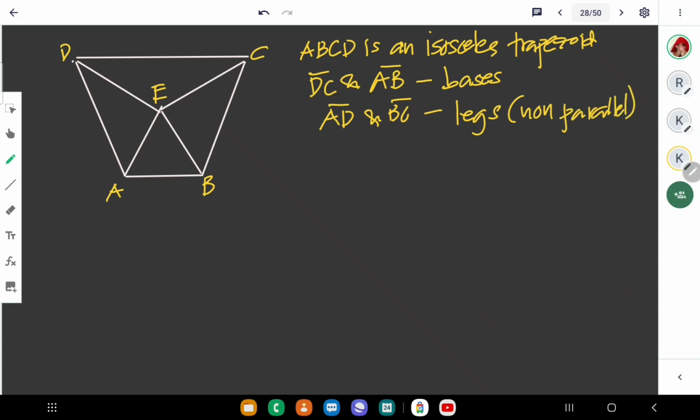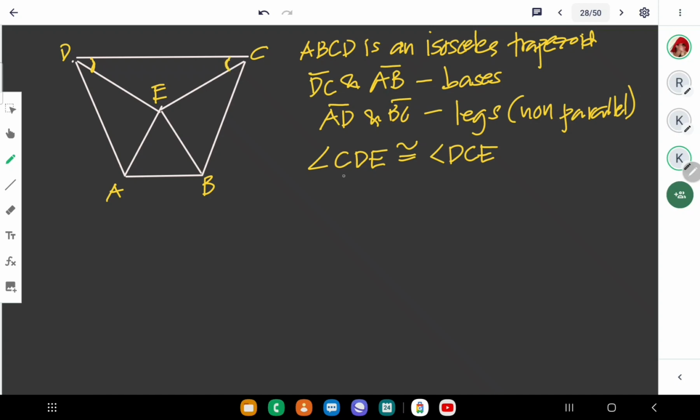Segments AE, BC, okay. ABCD, such that angle CDE is congruent to angle DCE. Where is CDE? Okay, this angle is congruent to DCE.